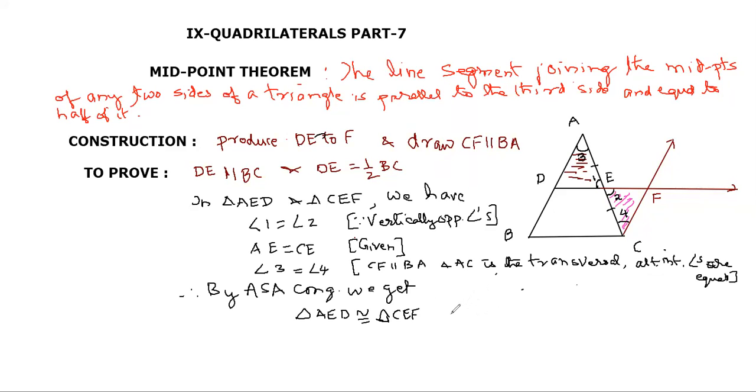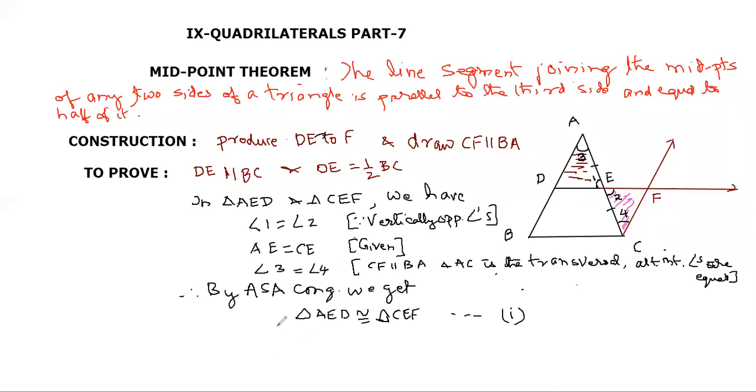So this is our first step. From this, we can say that AD is equal to CF, and DE is equal to EF, by CPCT.